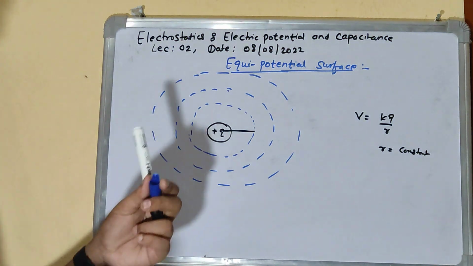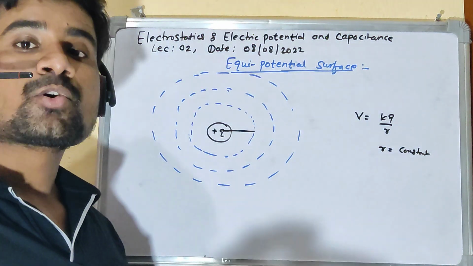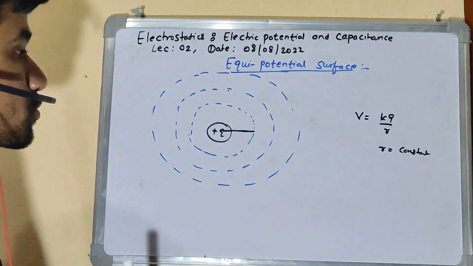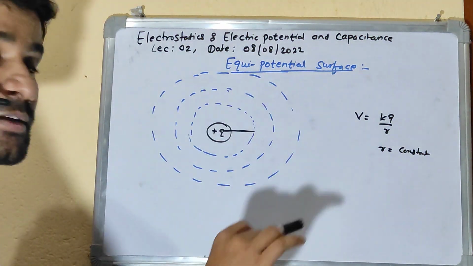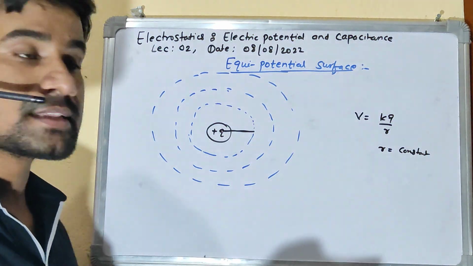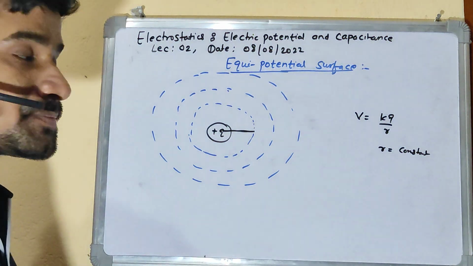If I pick one particular circle, all points on that circle will have common potential. So I can say that equipotential surfaces for a point charge are nothing but concentric circles. Clear?